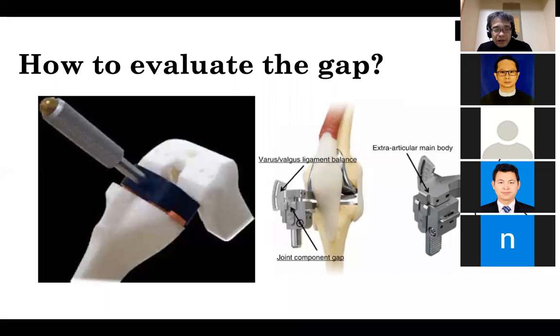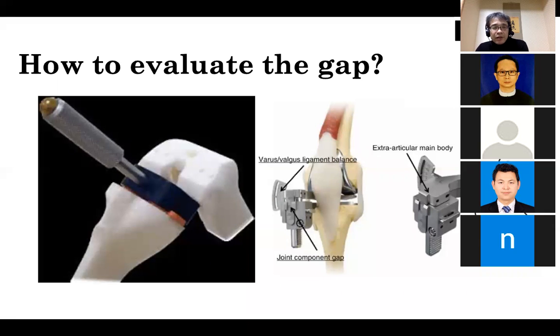It is quite difficult, but normally we can use a spacer like this. This spacer thickness is the same as the tibial side component thickness plus the femur side component thickness, in both flexion and extension.